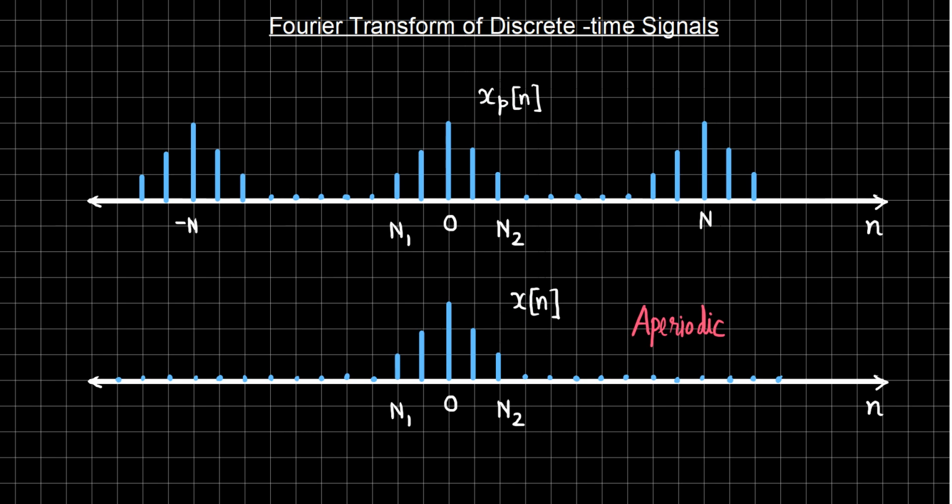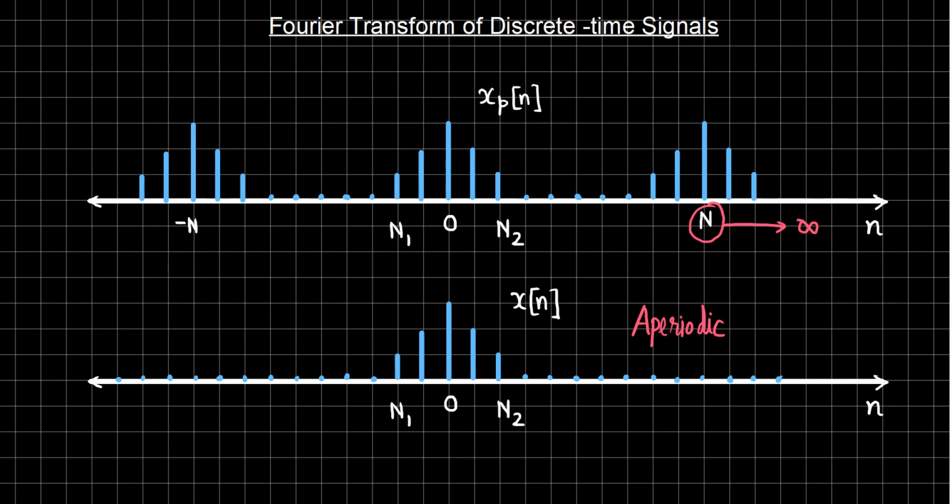That means if somehow we make this N tend towards infinity, we would obtain the same signal, that is x of n. Along the same lines, we'll be doing the math and deriving the equation for the Fourier transform for discrete time signals, similar to what we have seen for the Fourier transform of continuous time signals. Let us do that.